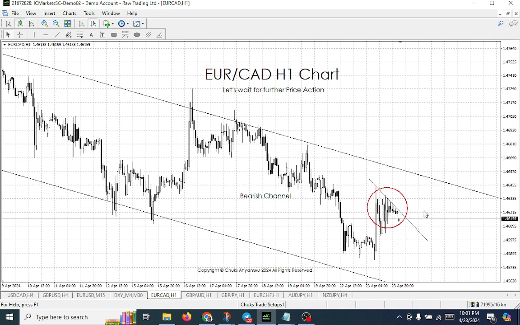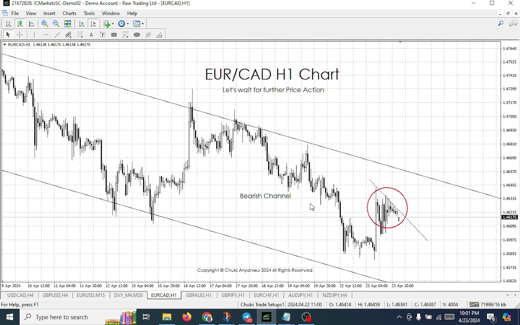So guys, that is all I have for you on this particular instrument trade analysis. Let's keep our fingers crossed, because for now there's nothing we can do. Let's be patient and wait for price to do its thing.